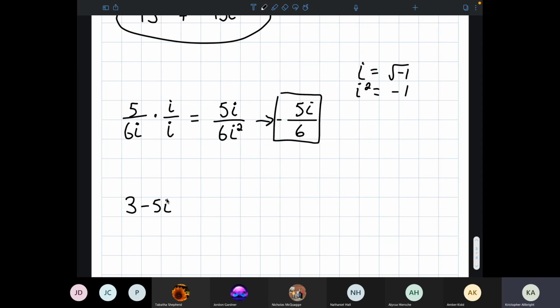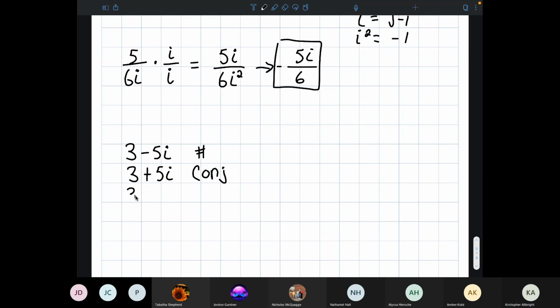So to find the conjugate, we switch the sign of the imaginary part. So it becomes 3 plus 5i. This is our conjugate. So now we multiply them together, and we do our FOIL method.